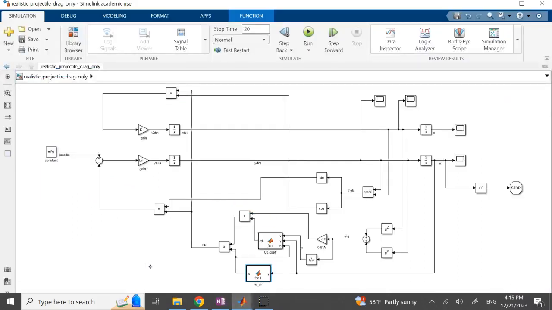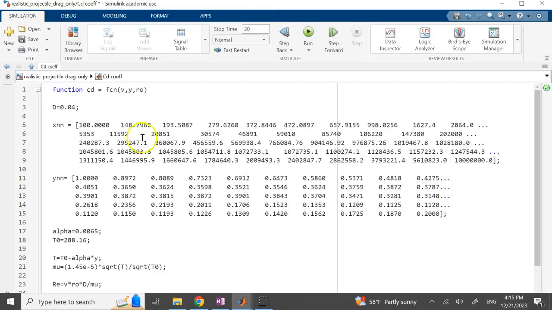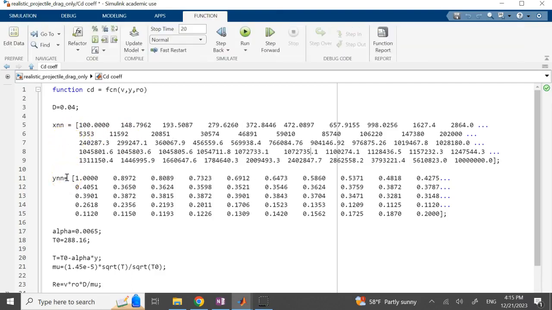And here in my Simulink model, if you double click, I have provided those data for you, called XNN and YNN. If you don't like them, call them whatever you want. So these are my X data, these are my Y data, or these are the CD values, these are the Reynolds number values to form that graph.